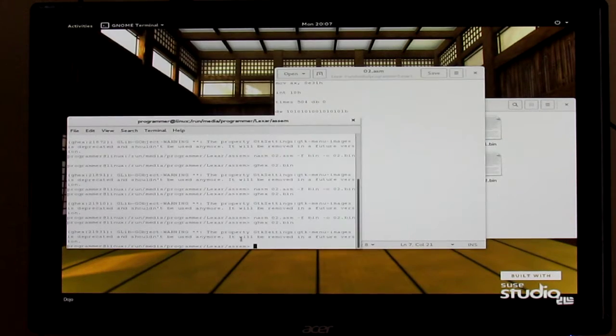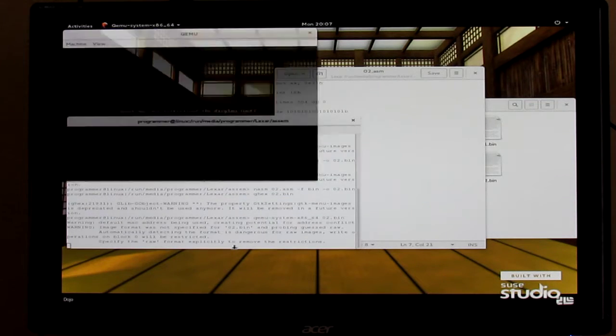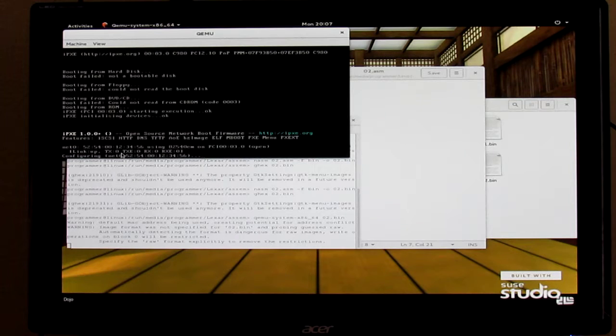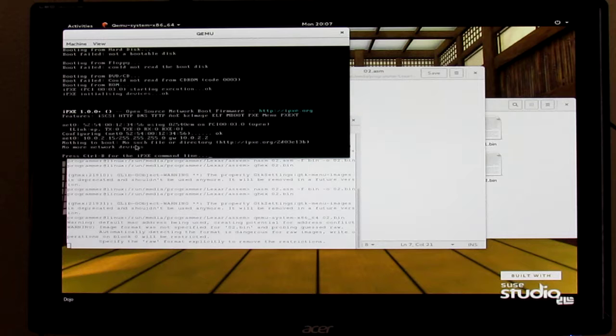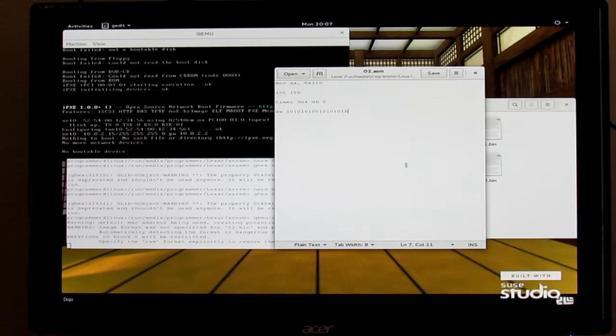Here we go, by going over to Qemu now. Where's that Qemu command? It's way back there. I've done a lot of things since then. O2, good to go. And no, I did not. No bootable device. Okay, because why?